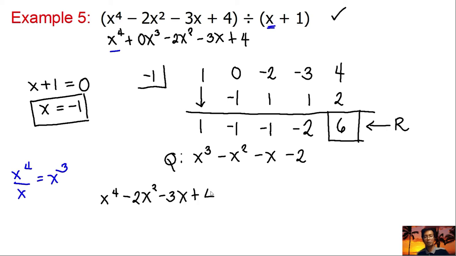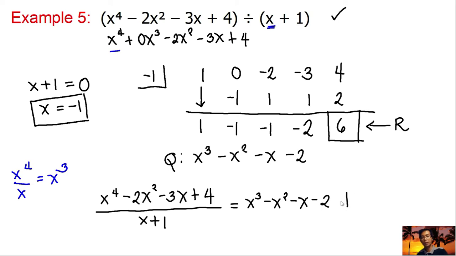Kailangan lang nakaayos po siya ng pababa, all over our divisor x plus 1 is equal to the quotient x cubed minus x squared minus x minus 2 plus our remainder 6 all over the divisor x plus 1. So this is our final answer. Sana po ay nagkakaintindihan sa example number 5.